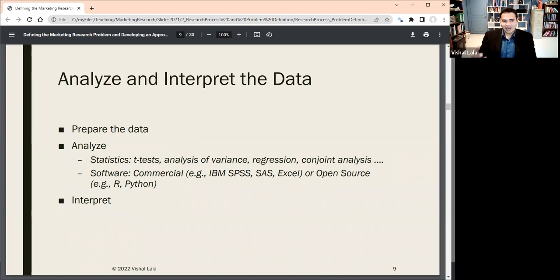Once the data has been gathered, the next step is to organize or prepare the data. This might involve downloading the data from some survey platform or qualitative coding platform, and then analyzing it using appropriate software and interpreting the results.